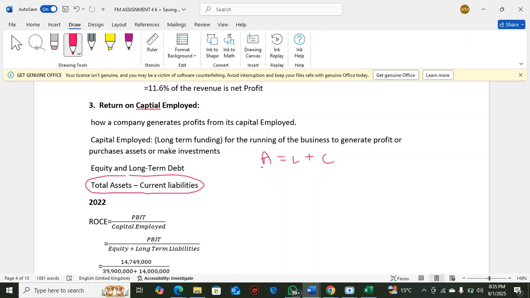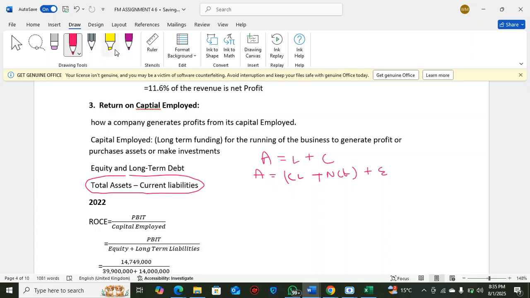Assets here, we've got our current and non-current assets. So we'll still leave it here. Liabilities, we have our current liabilities plus the non-current liabilities. All right. Current liabilities plus non-current liabilities plus equity.